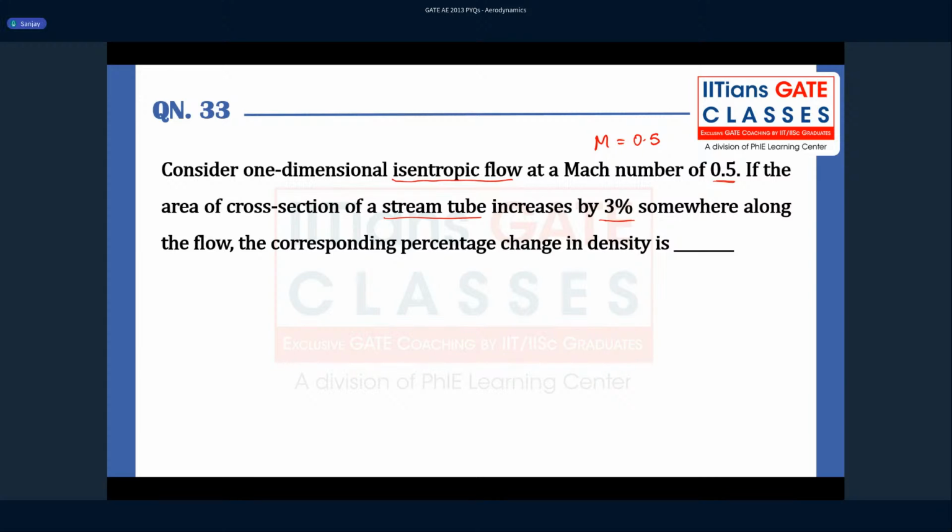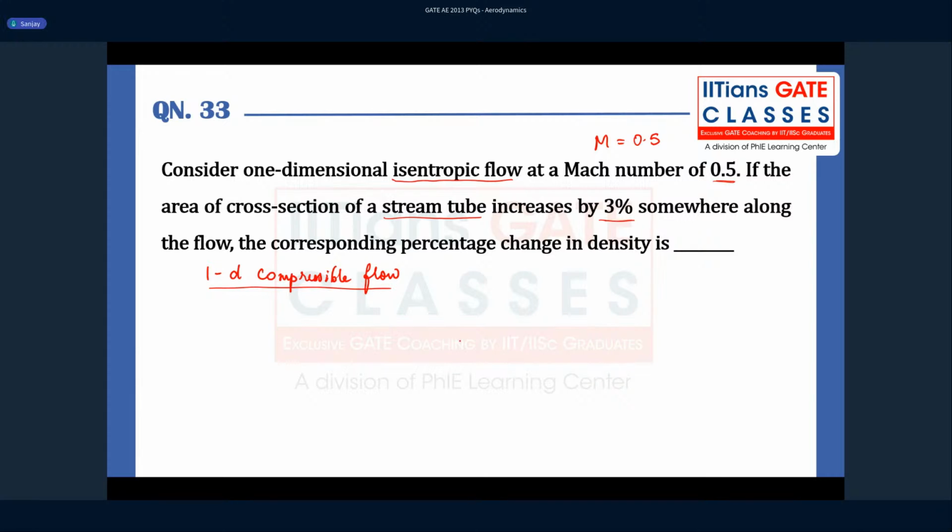So guys, can you tell me which is the equation that relates your density, area, Mach number, which is that basic equation for your 1D compressible flow?